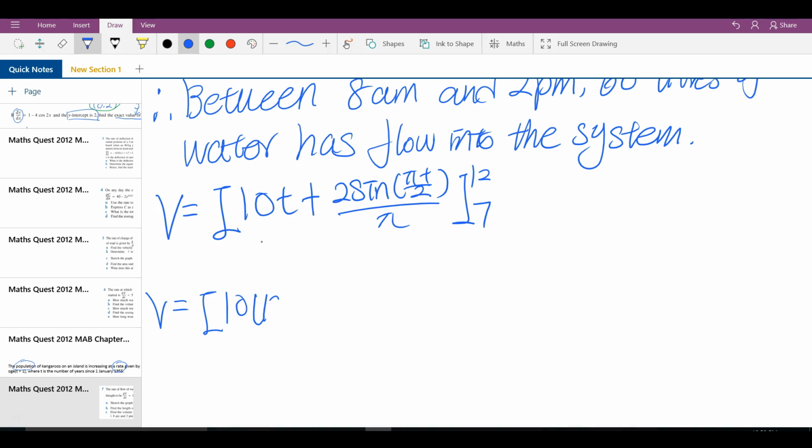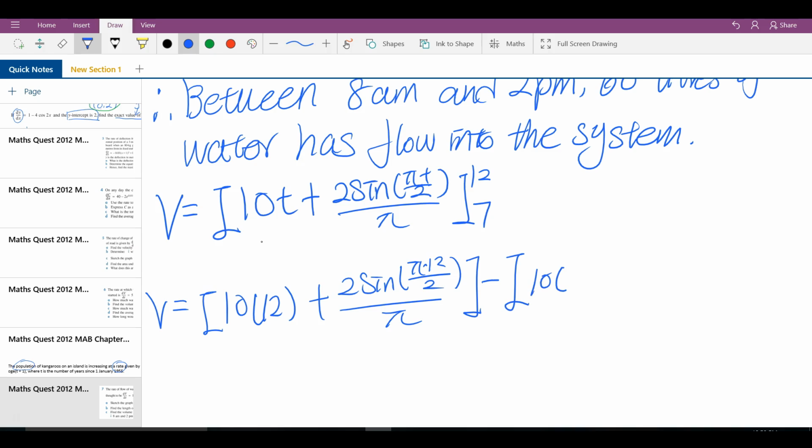Let's just sub things in. So it's 10 times 12 plus 2 sine pi 12 over 2, over pi, minus 10 times 7 plus 2 sine pi 7 over 2, over pi.